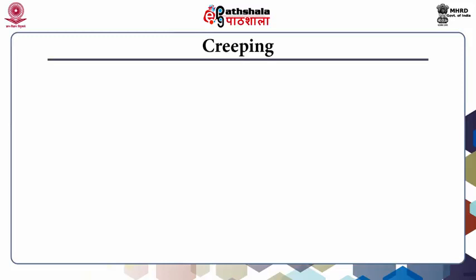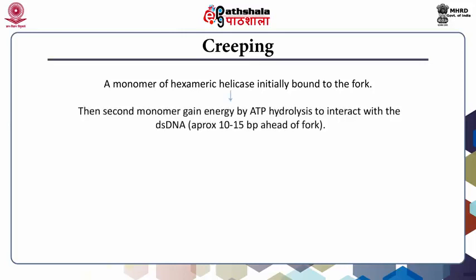In the creeping mechanism, a monomer of hexameric helicase is initially bound to the fork. The second monomer gains energy by ATP hydrolysis to interact with the double stranded DNA approximately 10 to 15 base pairs ahead of the fork.